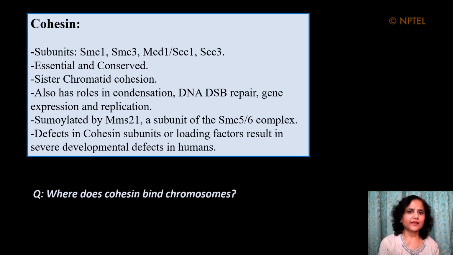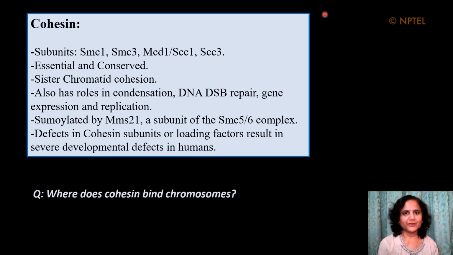The cohesin subunits are SMC1, SMC3, and then MCD1 or SCC1, and SCC3. All the subunits are essential and conserved. This complex is of course very important for sister chromatid cohesion, but it also has roles in mitotic chromosome condensation, in DNA double-strand break repair, in gene expression, and also in replication.